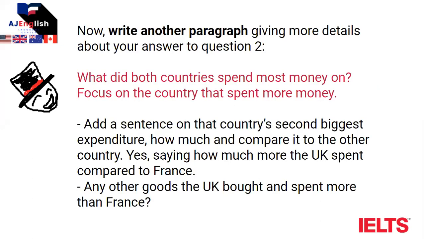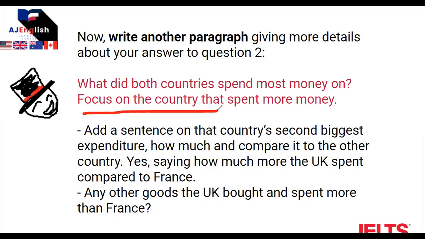Now you're gonna write another paragraph, right? Because you already finished with the first one. So that's the overview. Now write another paragraph giving more details about your answer to question 2. So what did both, that's question 2, right? So you gotta focus on that country. When you write this paragraph, focus on that country that spent more money.